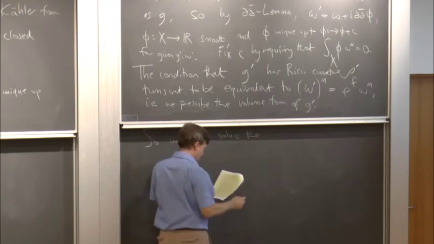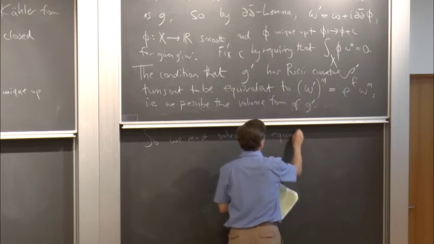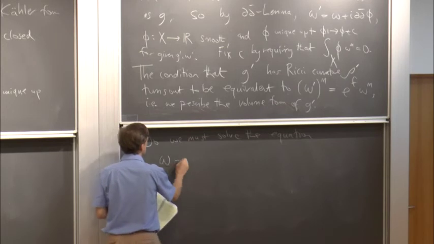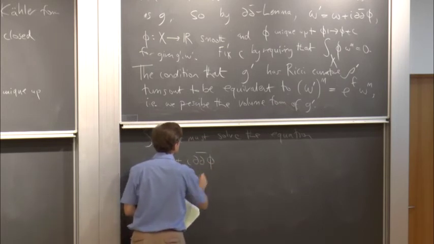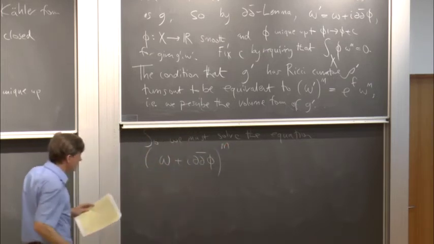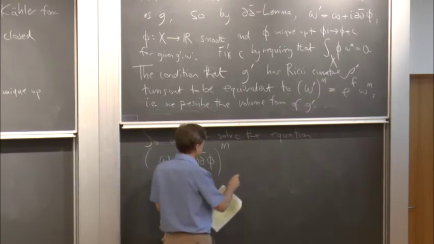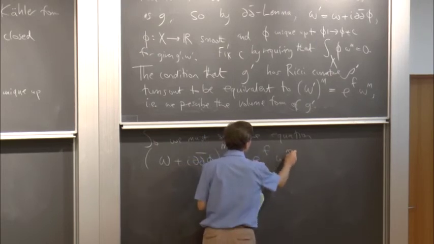Okay. So we must solve the equation omega plus i d d bar phi, that's a real 1-1 form, to the power of m. So we wedge it with itself m times. That gives you a 2m form, which is now equal to e to the f times omega to the m.